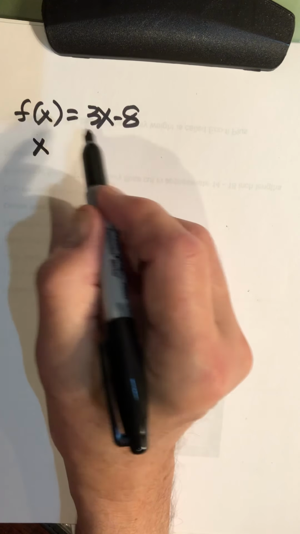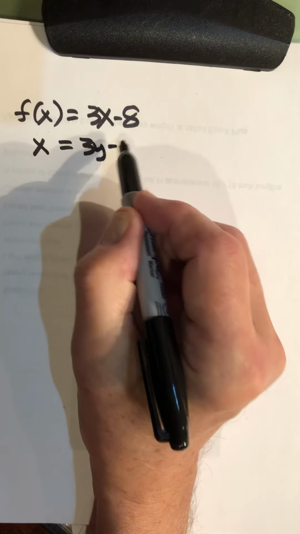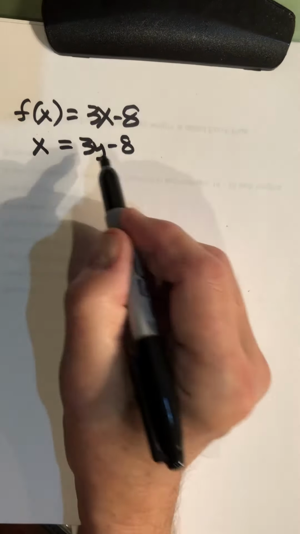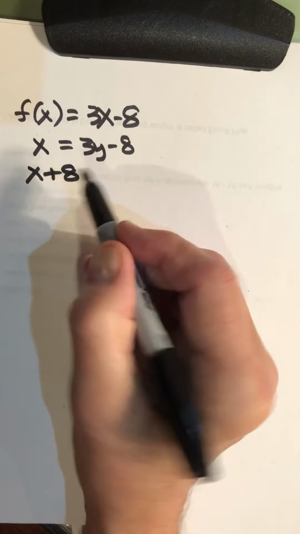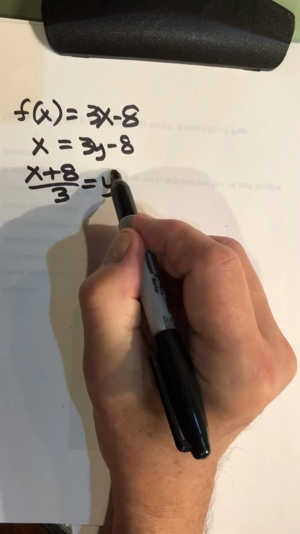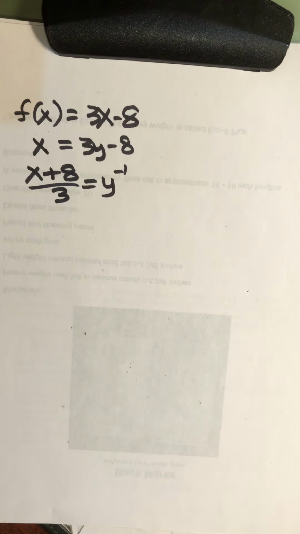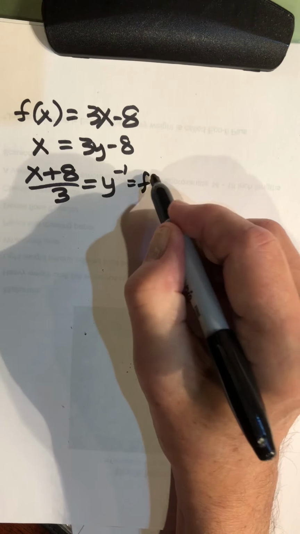This f of x is y, so it now becomes this. Remember this? Now I solve for y, so that's x plus 8 over 3 equals y. And remember, we write that with a -1 up there, showing that that's the inverse. And of course, that could be written like this.